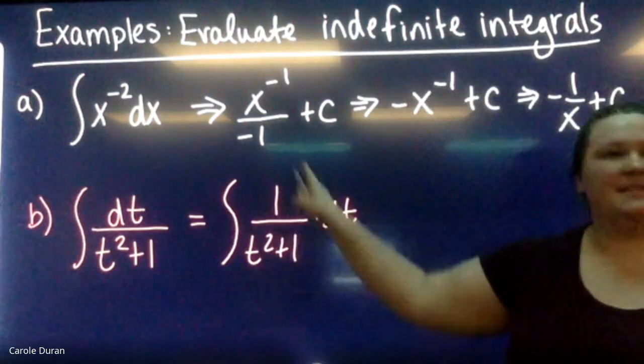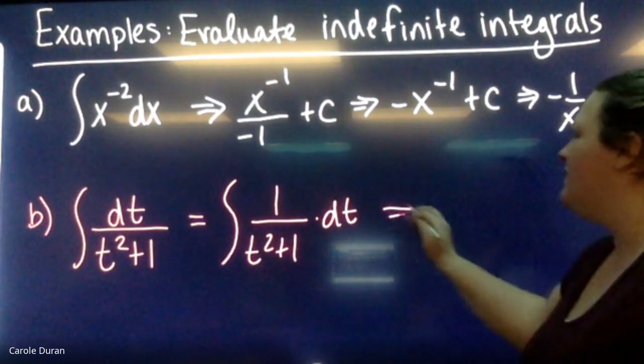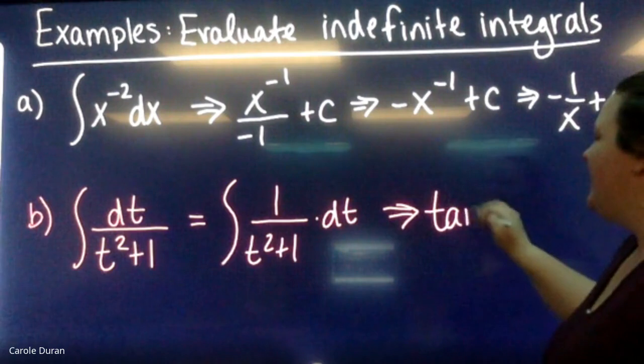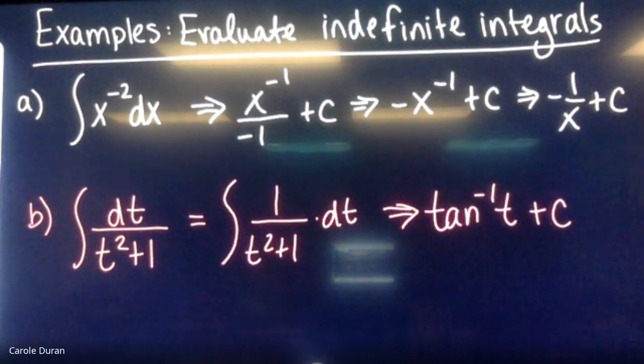And I know when I see something like this, it is an inverse trig function. So I need to go back and look at my inverse trig derivatives and see which one gives me 1 over x squared plus 1. It is going to be tangent, which means the antiderivative here is tangent inverse of t plus c.